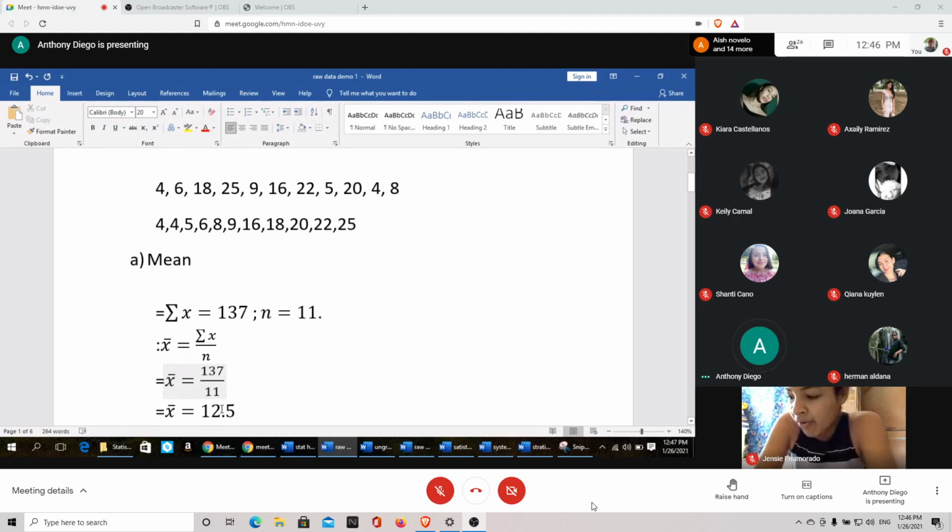It's going to be 12.4 something, but I round this off to 1 decimal place, which is 12.5. So if you take 137 and divide it by 11, you will see that you get, to 1 decimal place, 12.5. So do that.